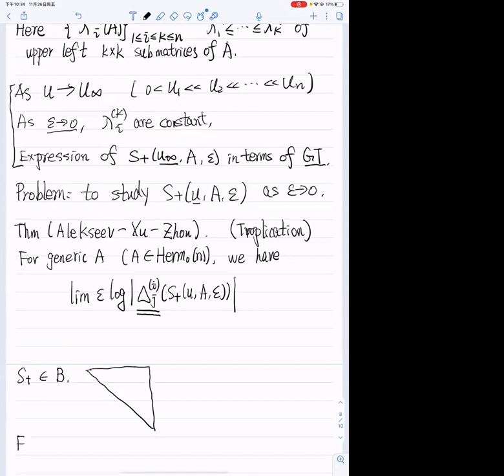For any i bigger than or equal to j, we take the columns from i minus j plus 1 to j, and then we take the minor consisting of these columns and the first j rows. This delta ij in my notation is simply such a minor coordinate.